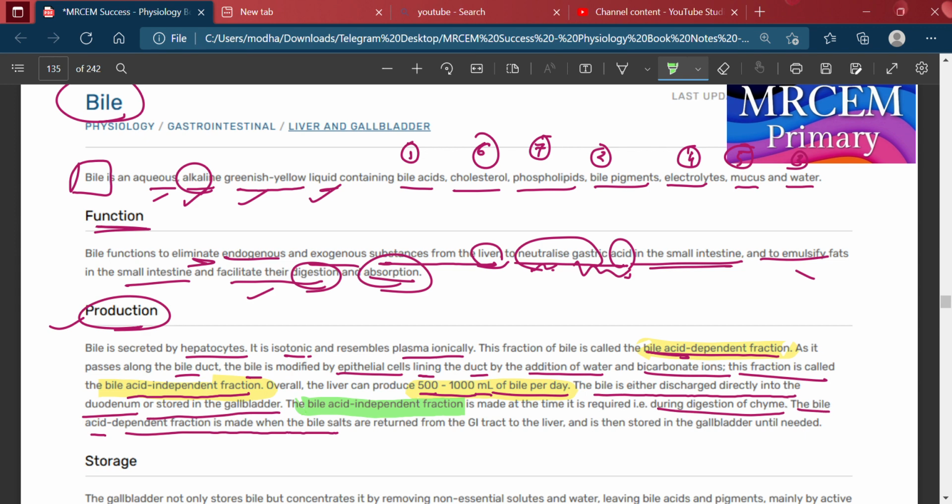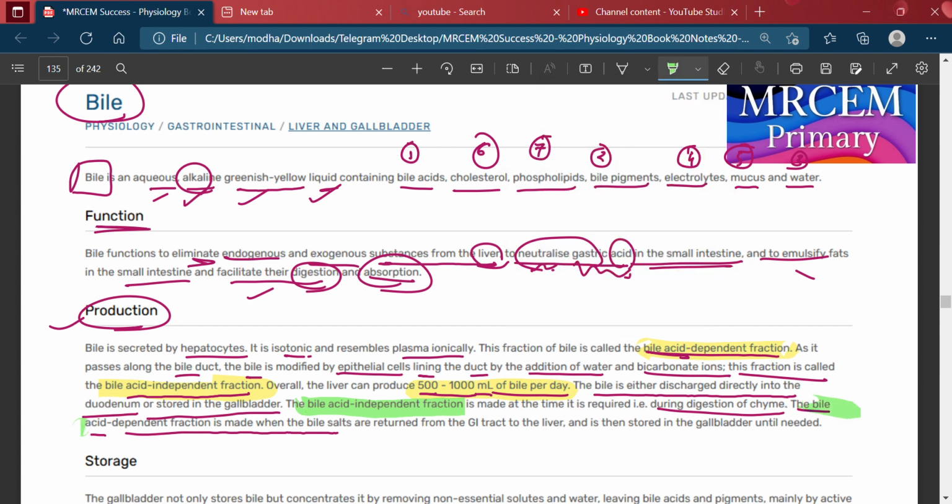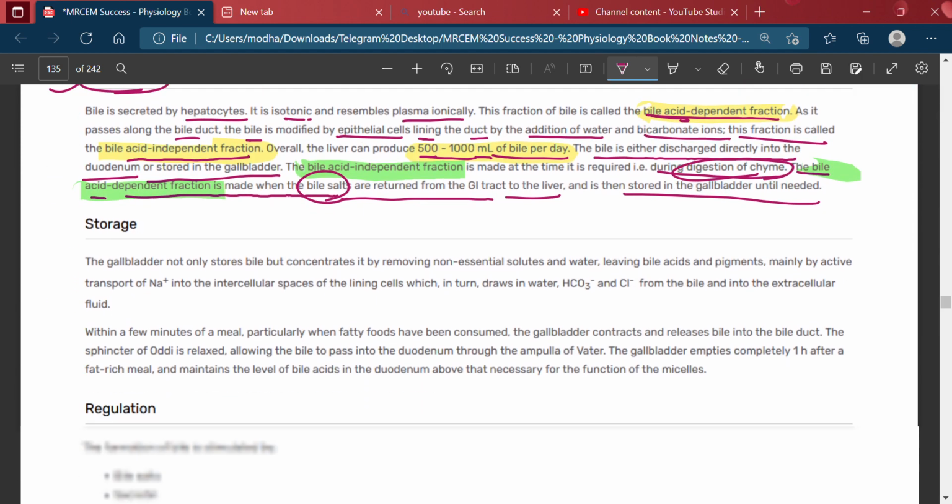And the bile acid dependent fraction is made when the bile salts are returned from the GI tract to the liver, and is then stored in the gallbladder until needed.